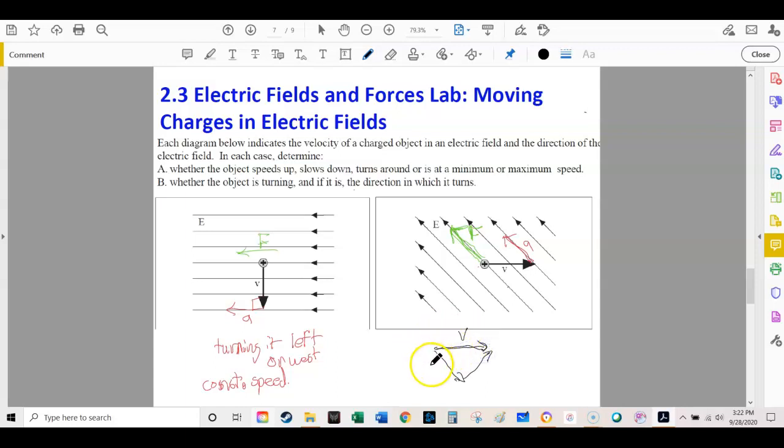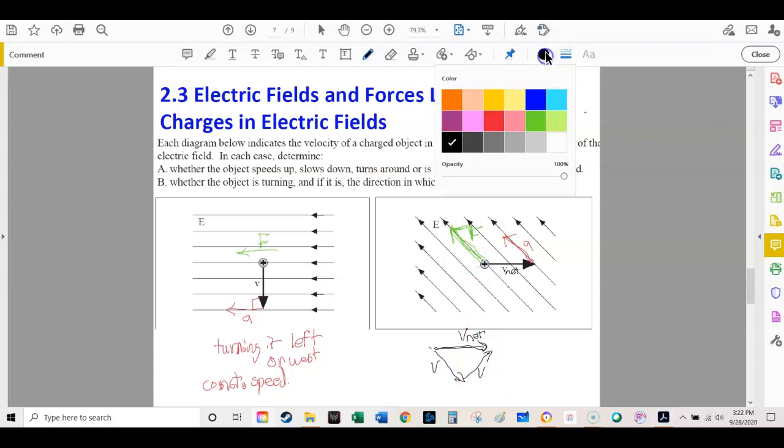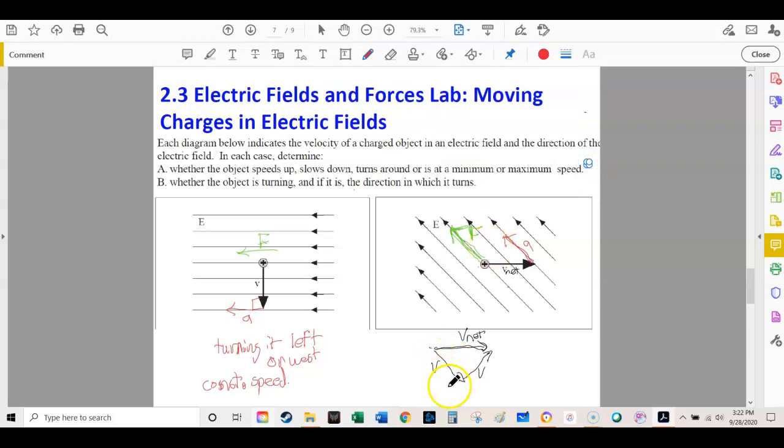Okay? So the velocity vector actually has two components. So this is the direction of the overall net velocity vector. But that velocity vector has two components. One pointed down and one pointed up and to the right. And if you look at it, our acceleration vector, okay, is actually going to be pointed opposite its velocity vector, okay?